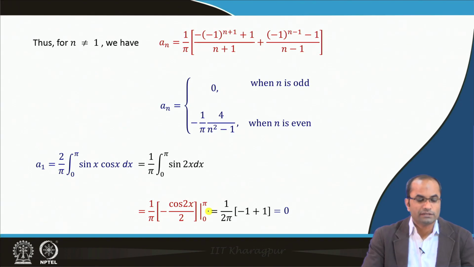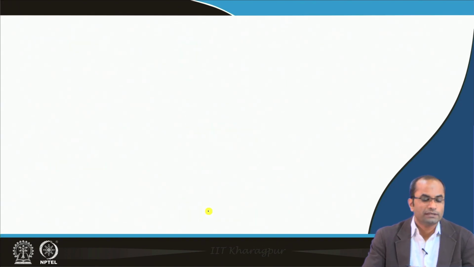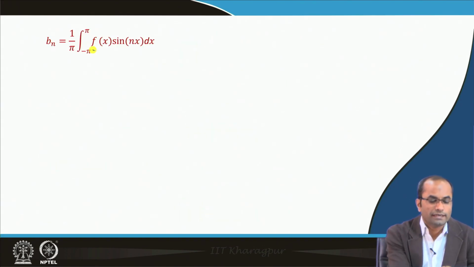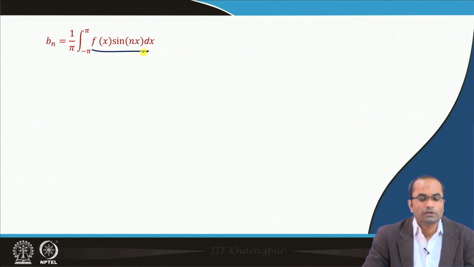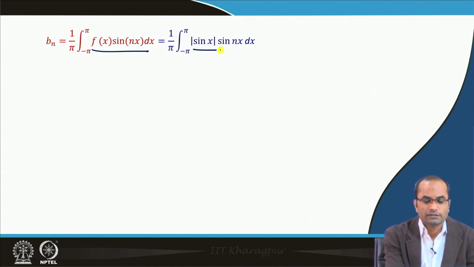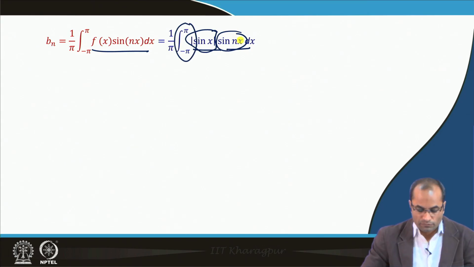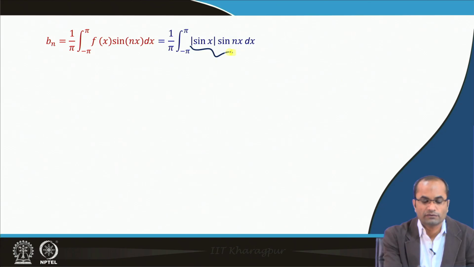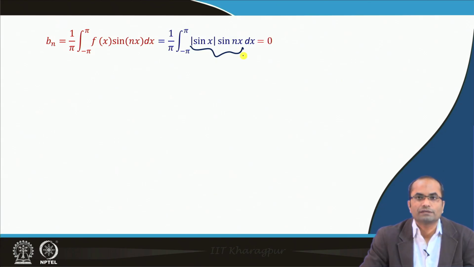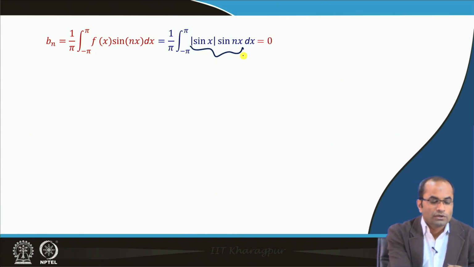So, this a_1 is 0, a_n we have computed, and for b_n, if we write down these Fourier coefficients b_n, we have sin x sin nx, and since this is the even one, and then we have odd here. So, minus π to π with this odd function as an integrand, this will become 0 straightforwardly without calculation.